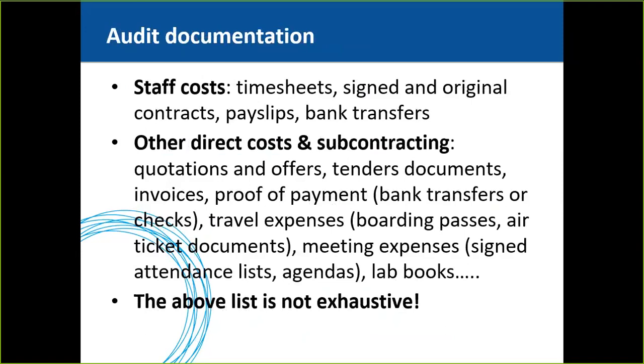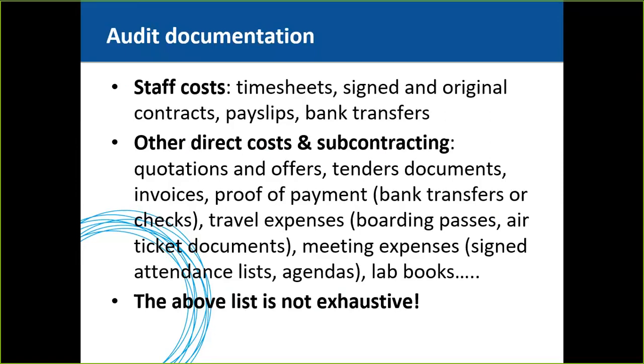When it comes to other direct costs and subcontracting, one needs to keep as part of the documents filed the quotations and other offers that maybe the entity received, tender documents if you have launched tenders, invoices, proof of payments, again, bank transfers, checks.